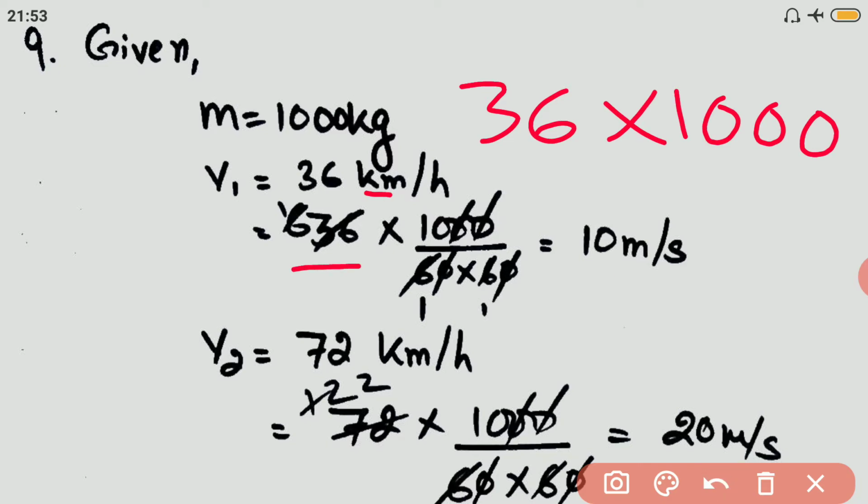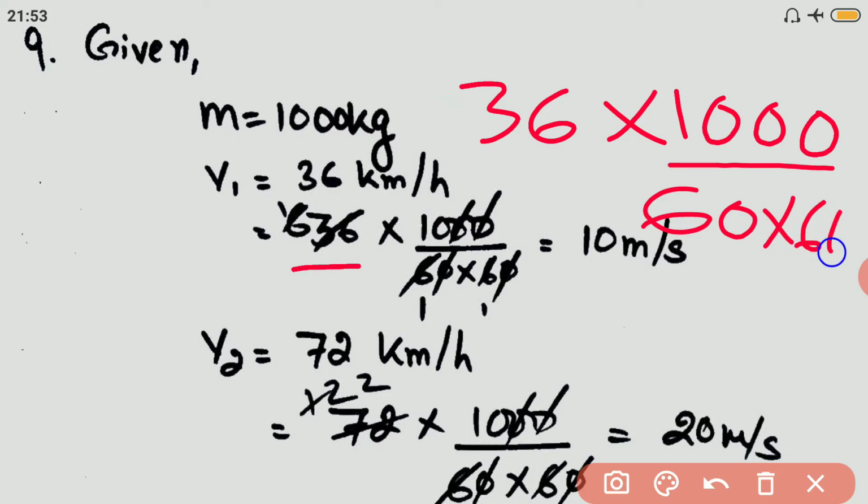Now there is one unit for time also, which is hour. So hour needs to be converted into seconds. So 60 multiplied by 60. One 60 is for minutes and the other 60 is for seconds. So hence I am getting 36 into 1000 upon 60 into 60. Now let us see the cancellation. This 0 can cancel this 0, this 0 can cancel this 0, right?